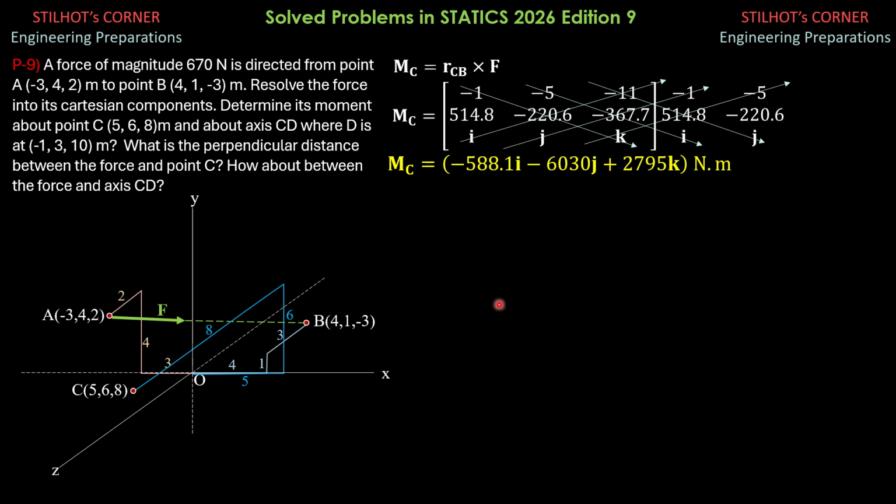Then for moment about axis CD, remember the expression, it is R cross F dot the unit vector of the axis.